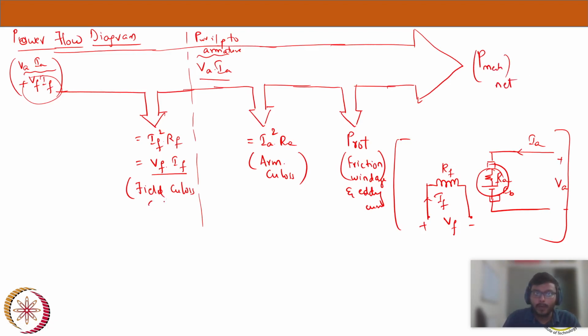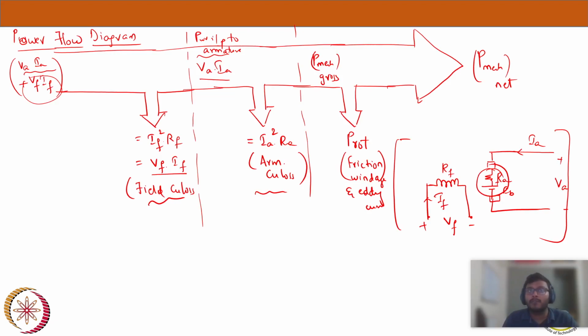After removing the copper losses, both field and armature, the power which is left is mechanical, but it is gross power. Gross is total power including the rotational losses. If we also remove rotational losses from the gross, we arrive at the net, which is the actual useful power at the shaft end.